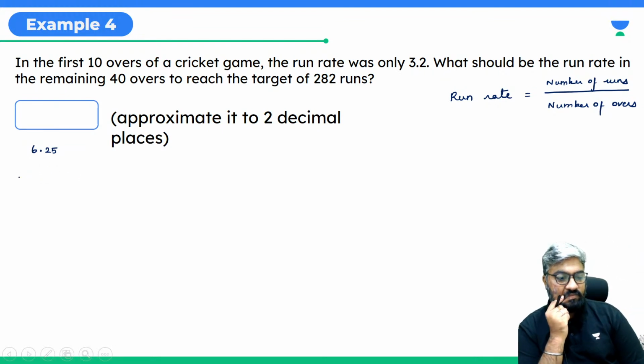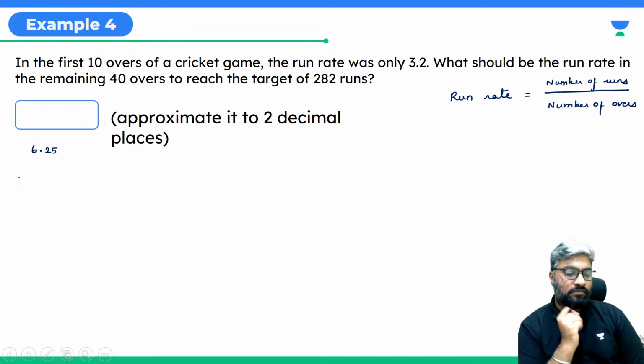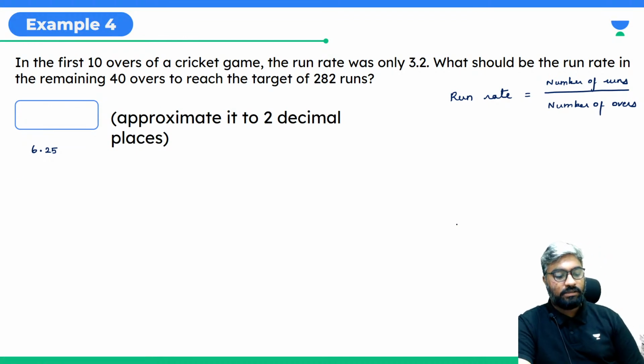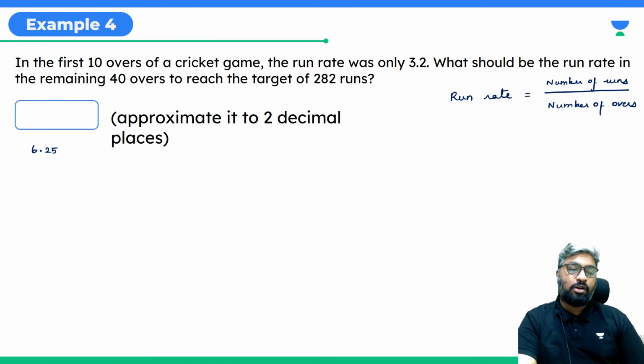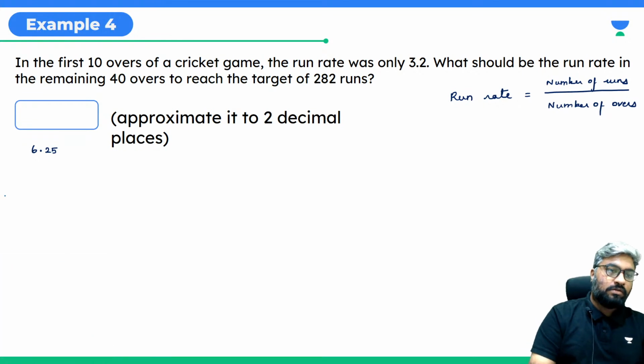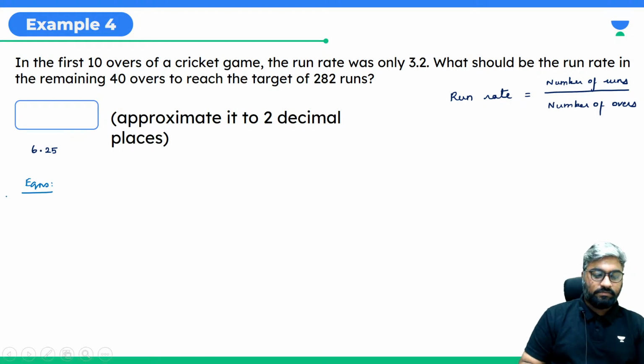Anyone else? So for a question like this, equations is actually a better option. Yeah, equations is a better option. Try this. We'll try with equations. Okay, see how equations is better than weighted average in such cases.